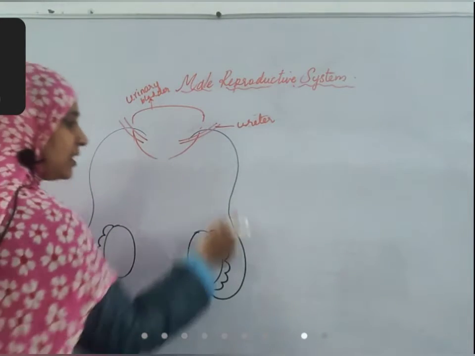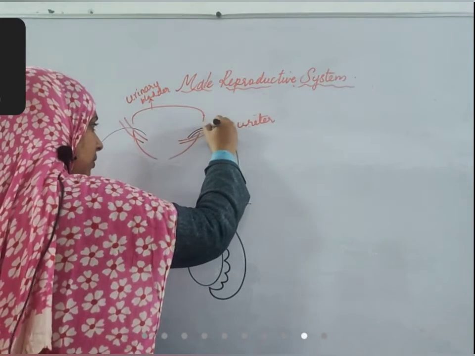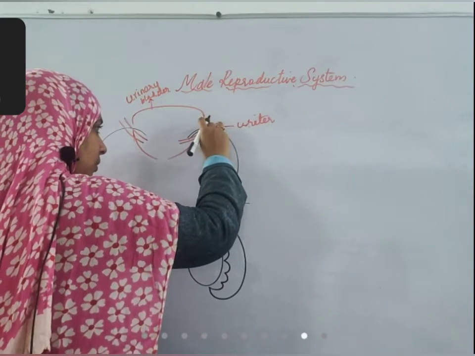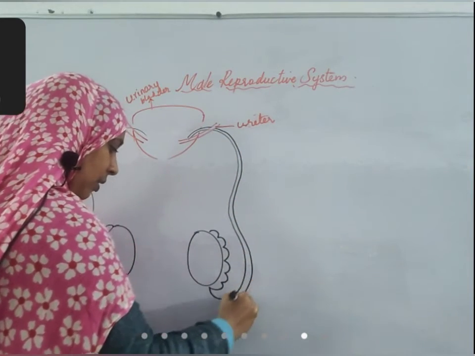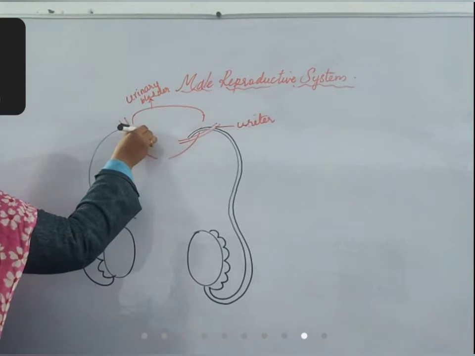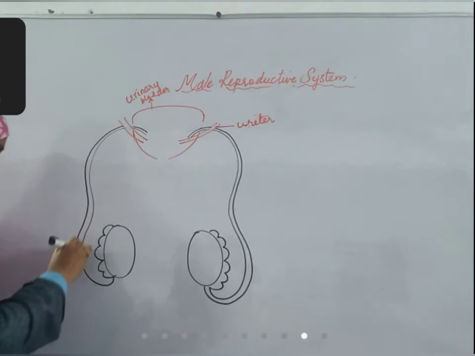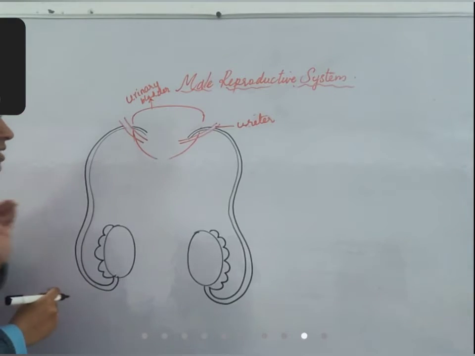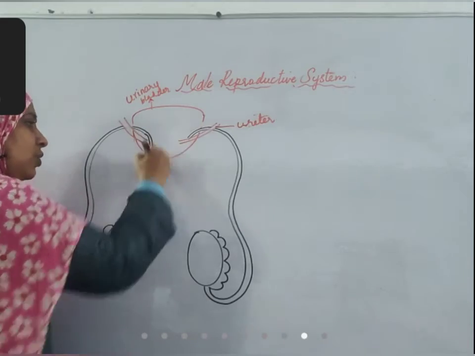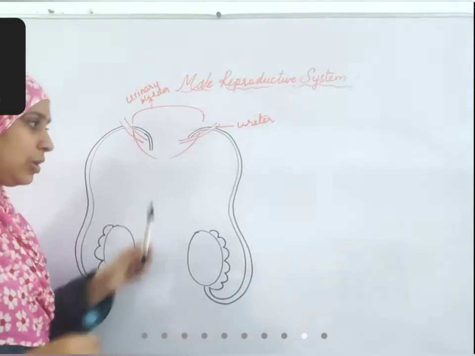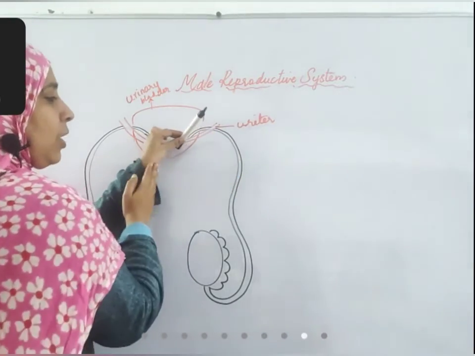So what this vas deferens does is, it hangs over this ureter. This ureter is like this. Over this it is going and coming down like this.